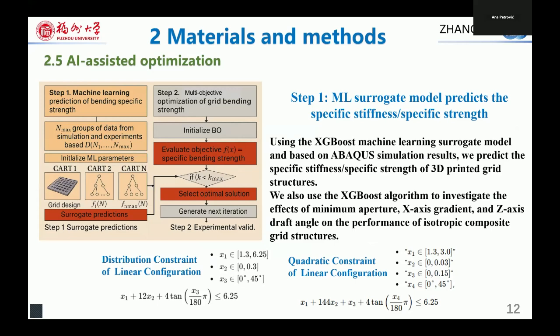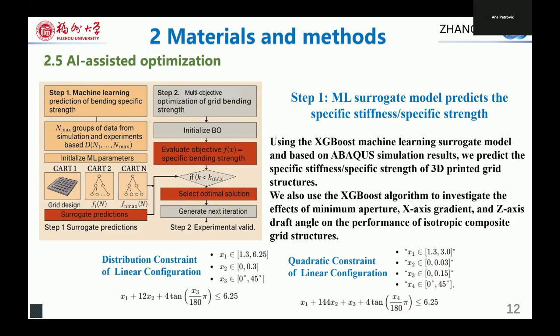In the first step, machine learning surrogate models were adopted to predict the specific stiffness and the specific strength. By using the XGBoost machine learning surrogate models and based on the Abaqus simulation results, we predict the specific stiffness and the specific strength of 3D printed grid structures.